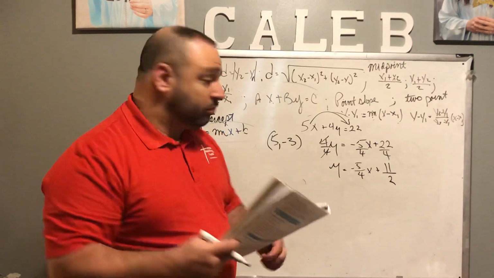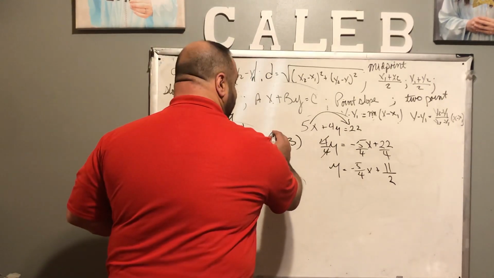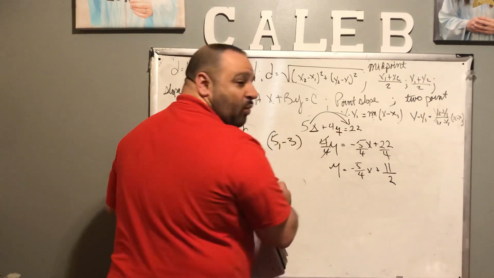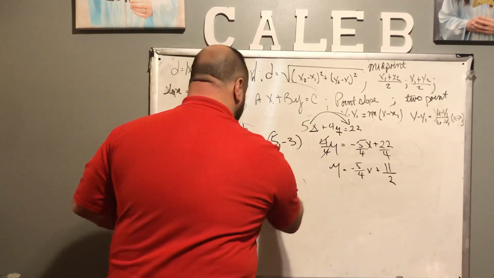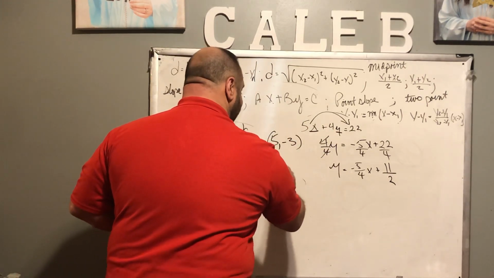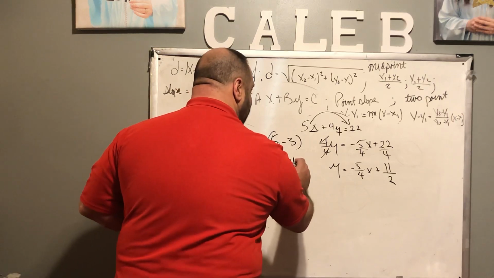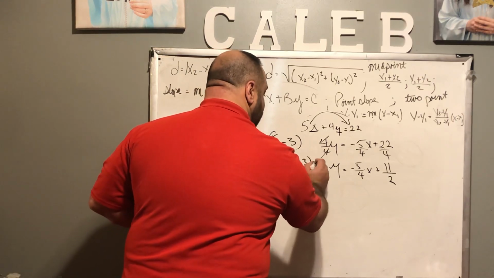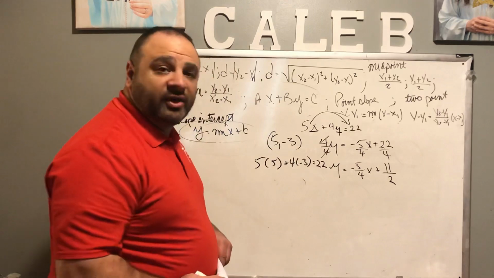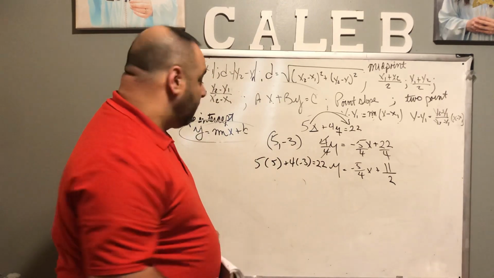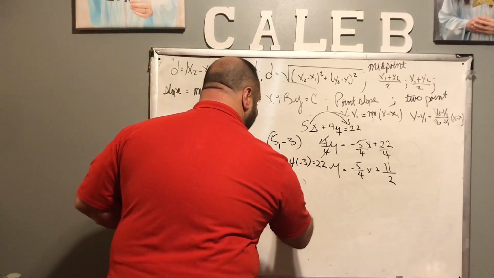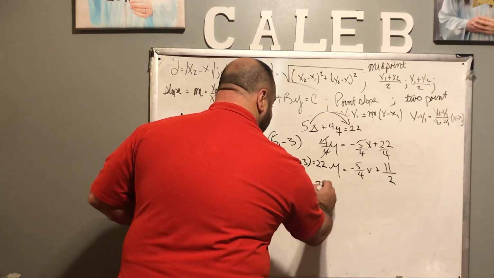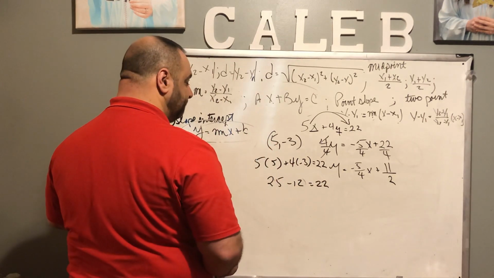Now let me show you. If I take these two numbers and plug them into x and y, watch what happens. 5 times 5 plus 4 times -3, does that equal 22?